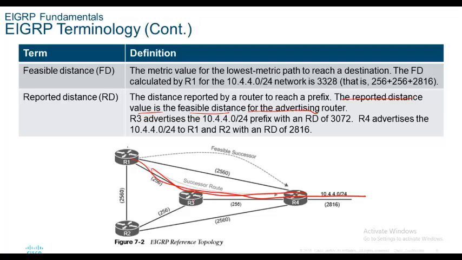I told you this will advertise 2816, and this will advertise 2816 plus 256. All right. So advertised distance is the metric of the next router to reach the final destination.